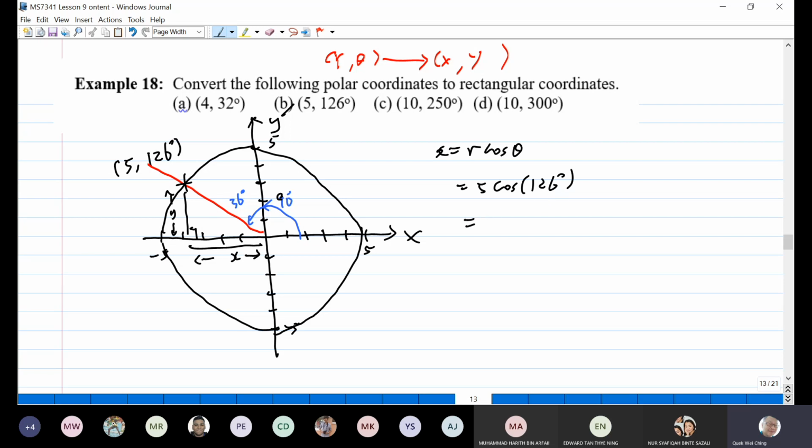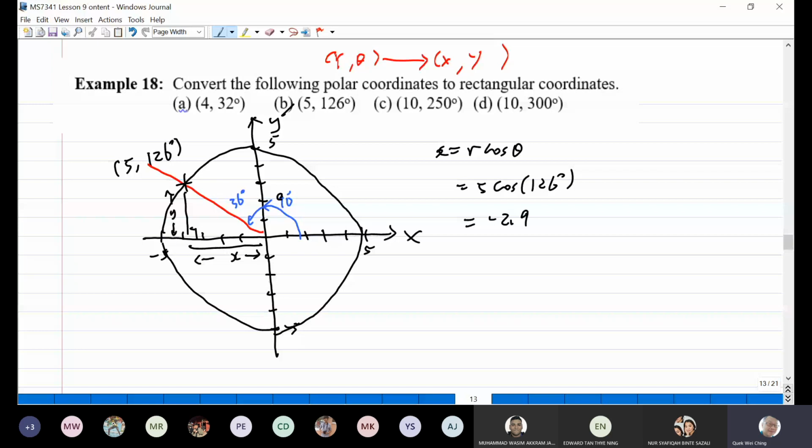You'll check that this is negative now. 5 times cosine 126, and you get minus 2.9. Fair enough, x is negative, right?